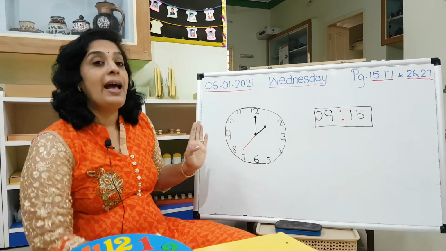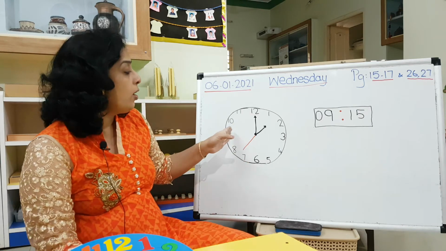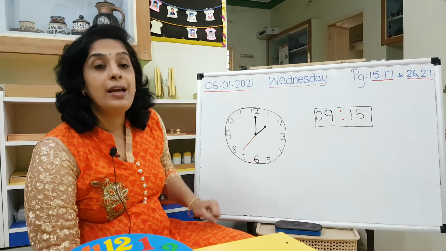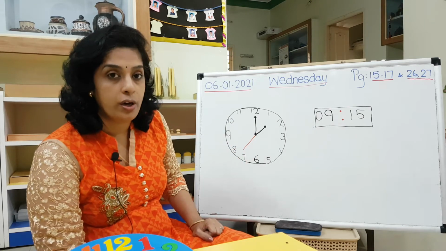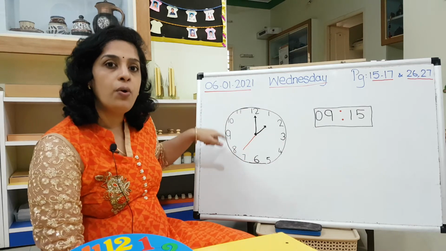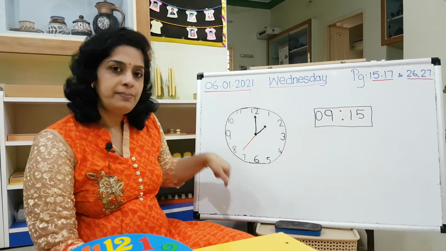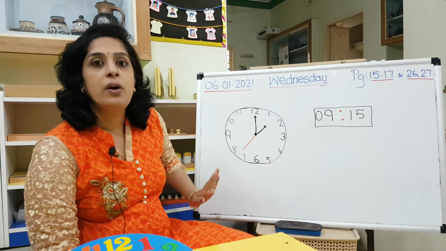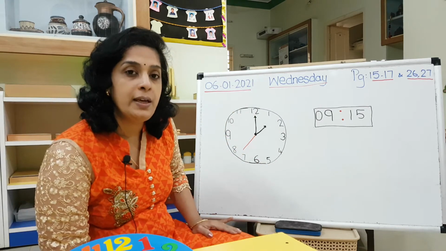Next one is the analog clock. The analog clock has these needles which you call as the hands of the clock. These three hands will keep moving. They will go in circles. Okay, and this face of this clock is called as a dial. What is it?